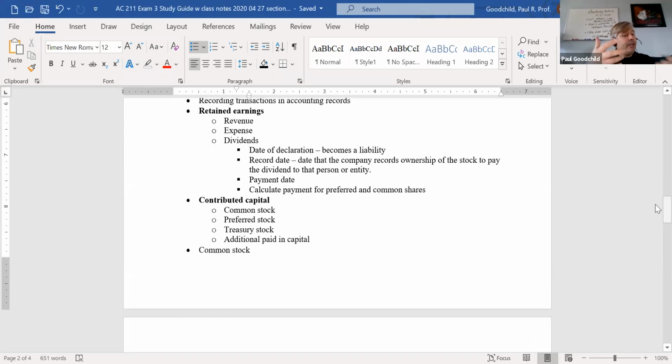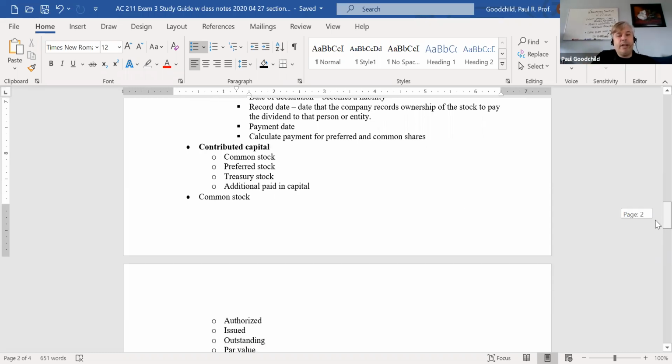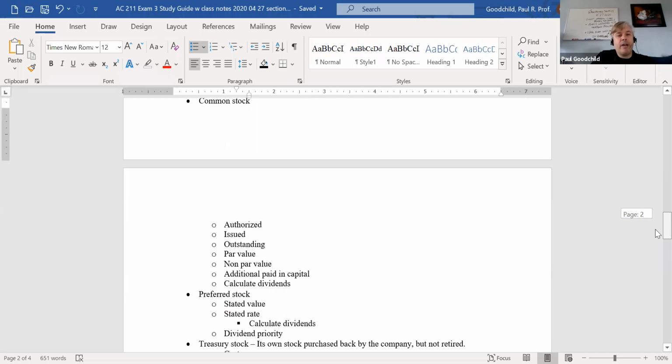Contributed capital is the other part of equity, and this is what ownership has put into the company. So you have common stock, preferred stock, treasury stock, and additional paid in capital. And so I kind of break out what are the parts of common stock. So you have how many shares are authorized, how many shares are issued, how many shares are outstanding.